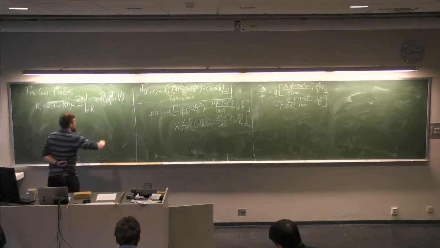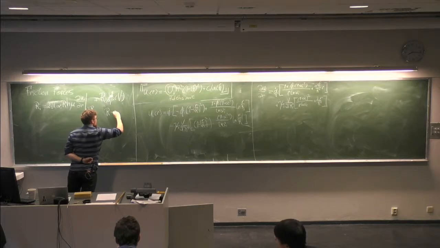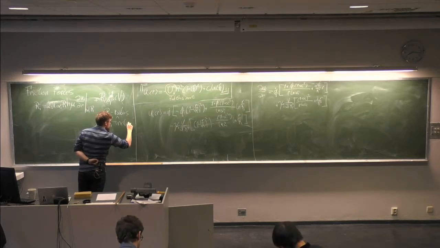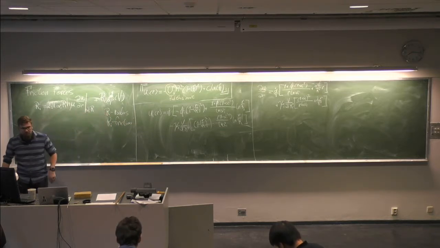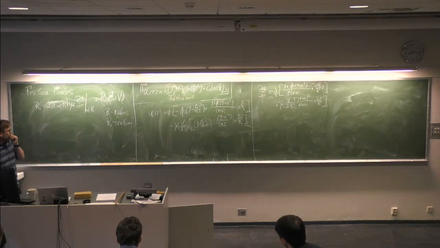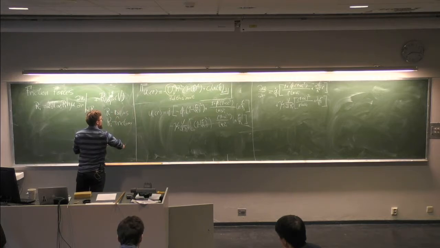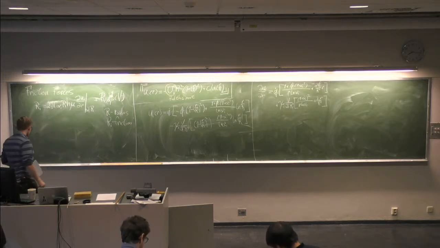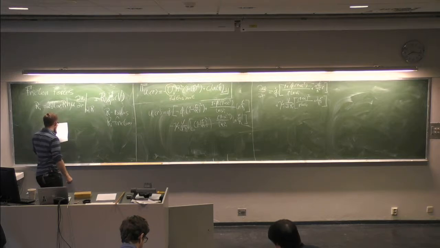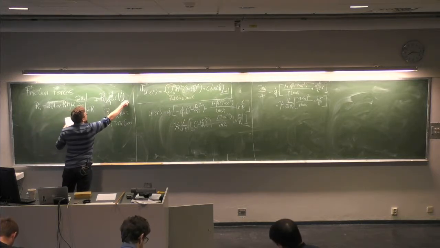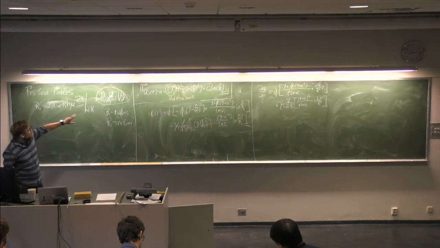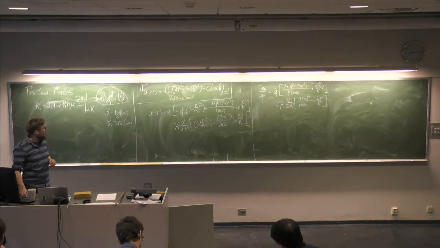Here Ri is the radius, and this is the friction force, which is, let me look at my notes here, the RI dP of what's being pumped into it.